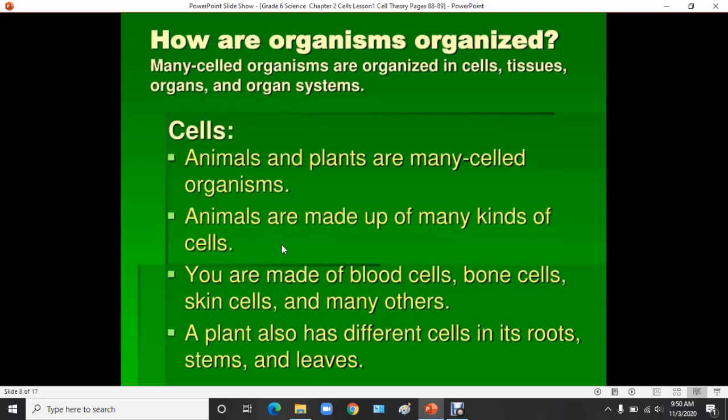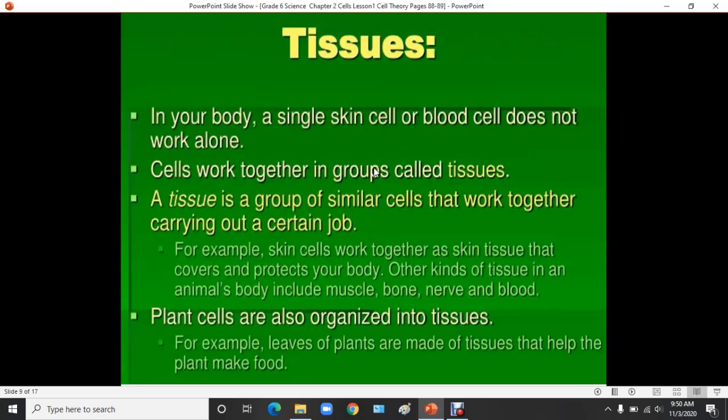Animals are made up of many kinds of cells. We are made up of blood cells, bone cells, skin cells and many others. A plant also has different cells in its roots, stems and leaves.